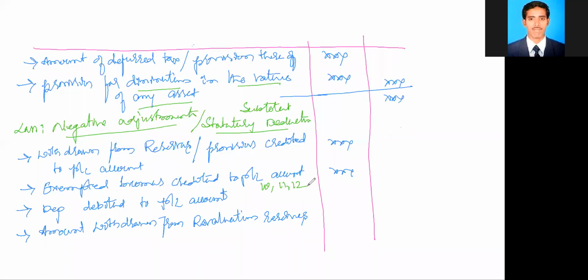Next, depreciation debited to the P&L account. Depreciation debited to the P&L account, in a sense, this is the depreciation we need to take, other than the depreciation on revalued asset.